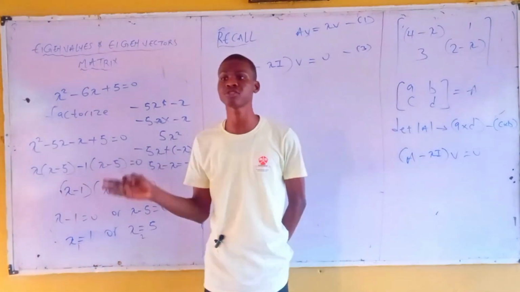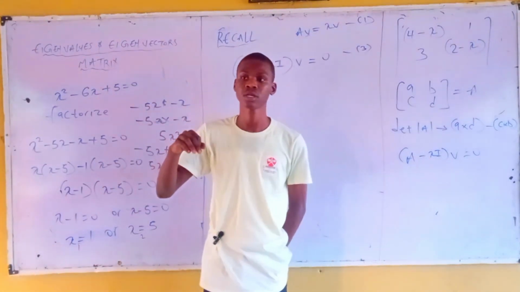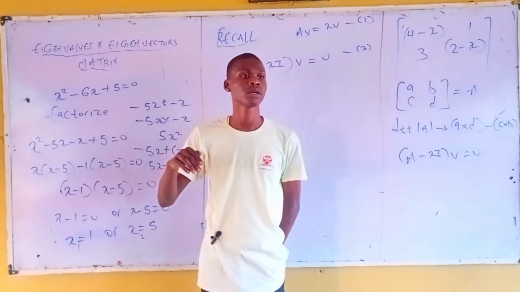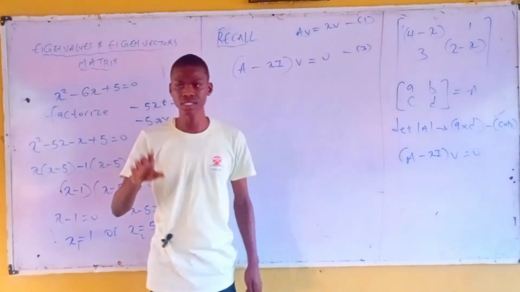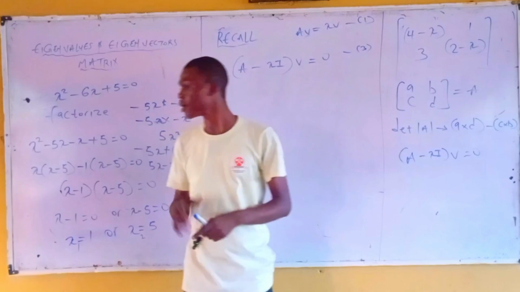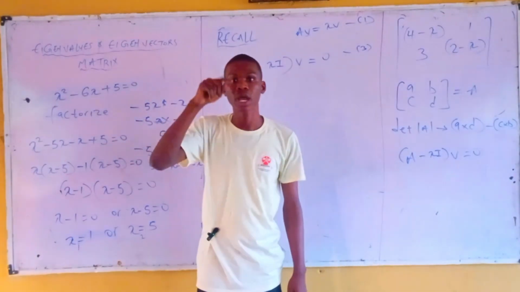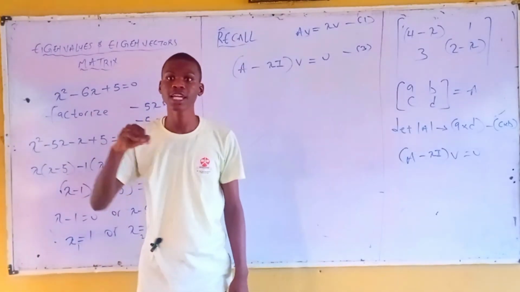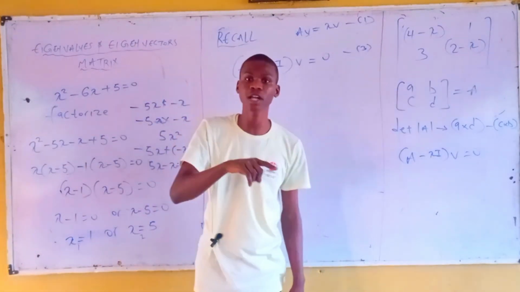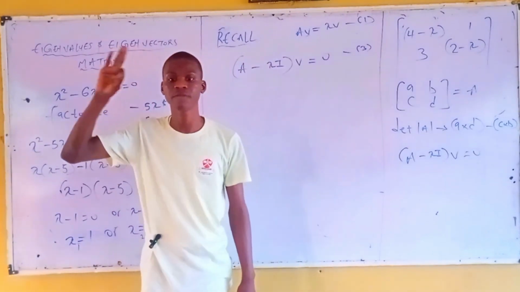If it's a 3 by 3 matrix, you get 3 eigenvectors. This is how it works. For a 3 by 3 matrix, an eigenvalue gives 3 eigenvector values.